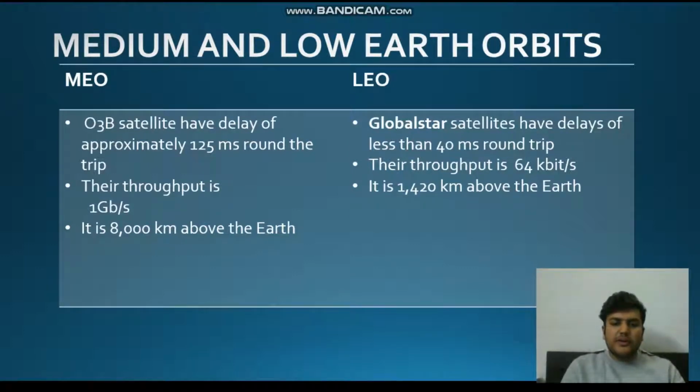Now, Globalstar is one of the low Earth orbit satellites, and its latency is 40 milliseconds per round trip. Its throughput is 64 KB per second. It is around 1400 km above the Earth.